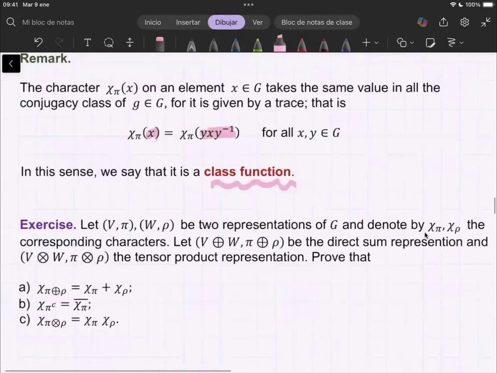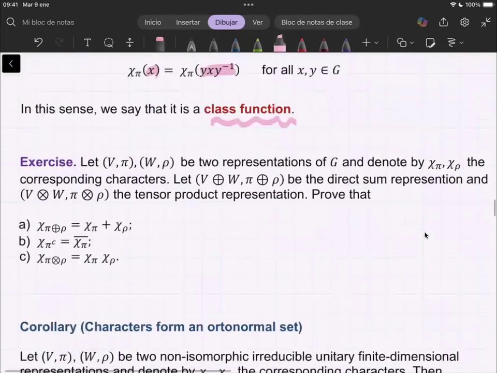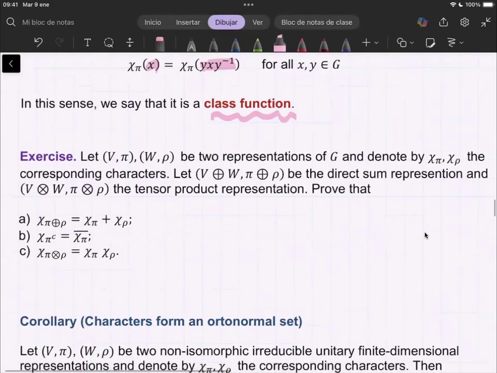So as an exercise, in order to understand what characters are, I propose the following. If you take two representations, V and W, the character of the sum of two representations is the sum of the characters.